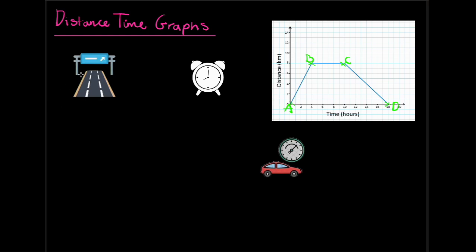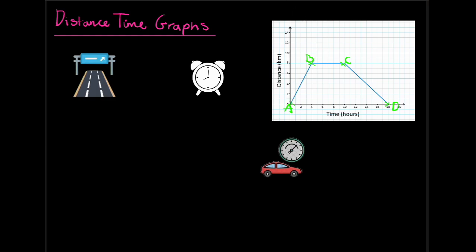So we need to find the distance, the time, and the speed of this car that's been travelling for 18 hours. From A to B, how far has the car travelled?